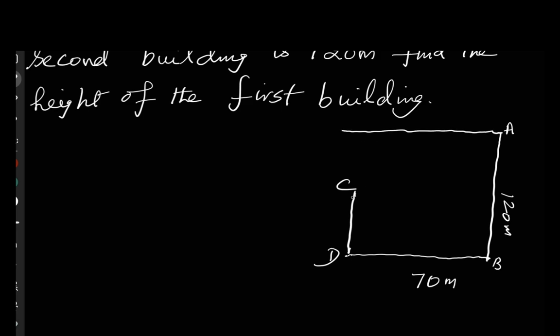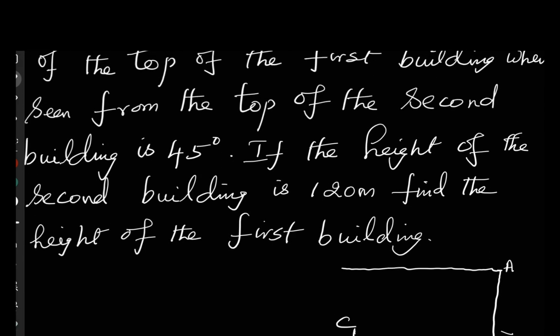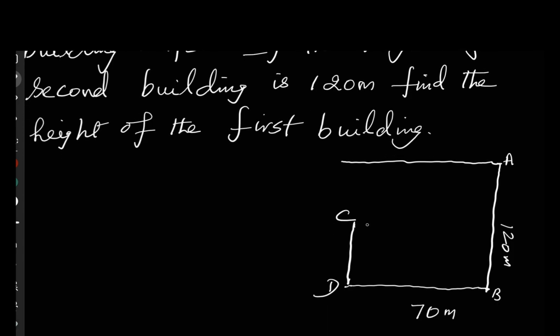Normal sight is this. He is looking at the top of the first building, whose angle of depression is 45 degree from the normal sight.